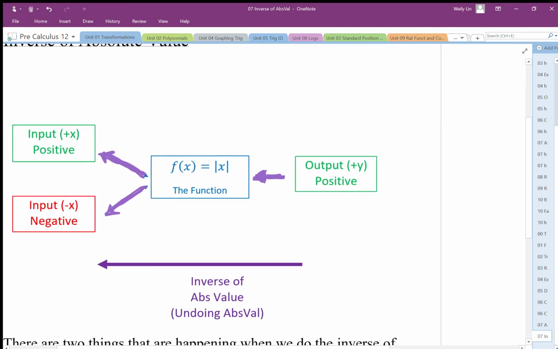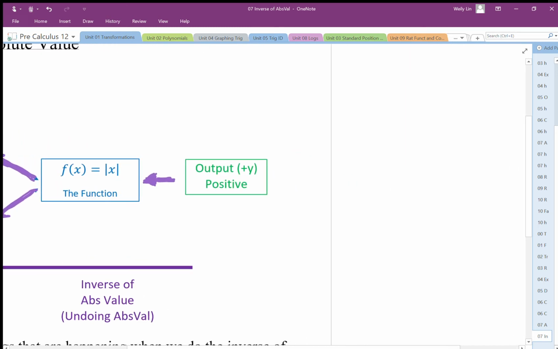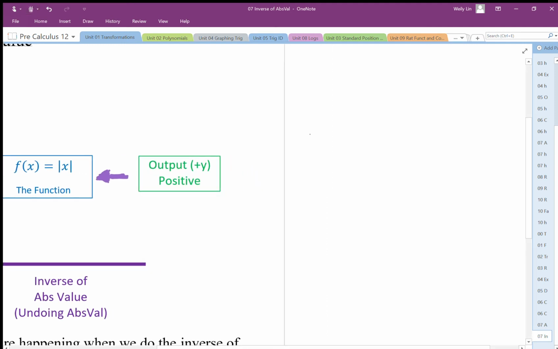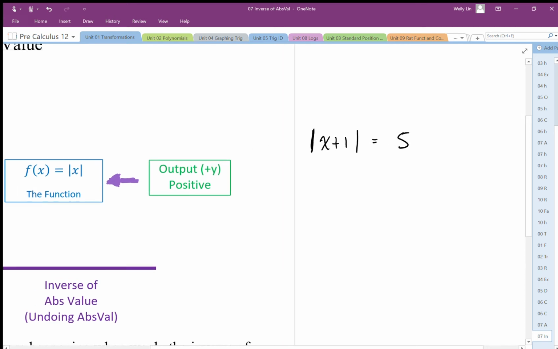We would have seen this when we solved absolute value equations. If I had a basic absolute value equation like |x + 1| = 5, to undo this, we basically take the positive and give two possibilities.